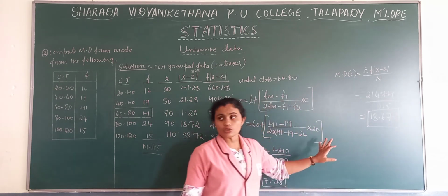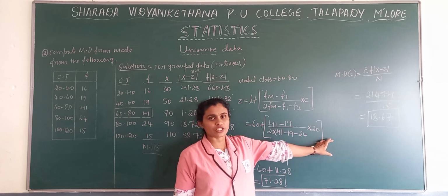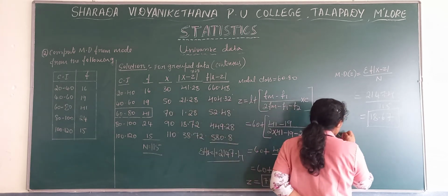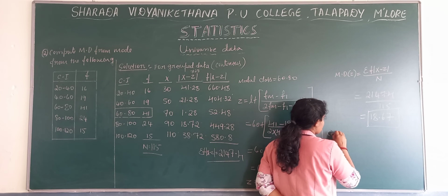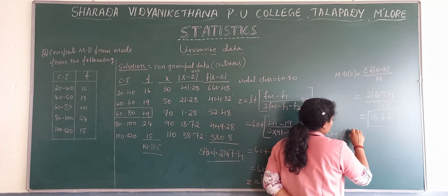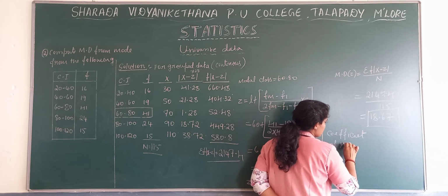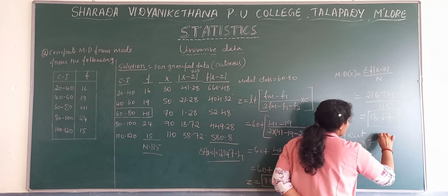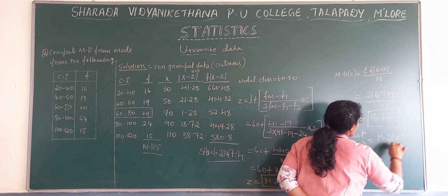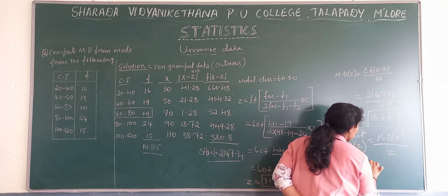Next we need to find the coefficient of mean deviation from mode. The coefficient of mean deviation from mode is equal to mean deviation from mode divided by mode.